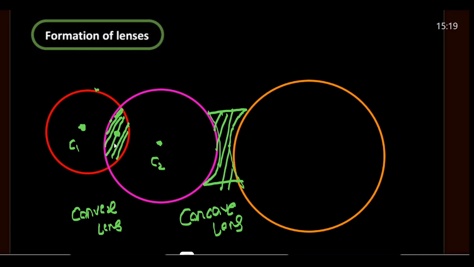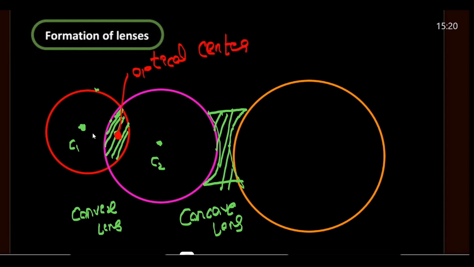The point at the middle of the lens is known as the optical center. In spherical mirrors, we have known this point on the mirror as the pole, right? Here it is the optical center.